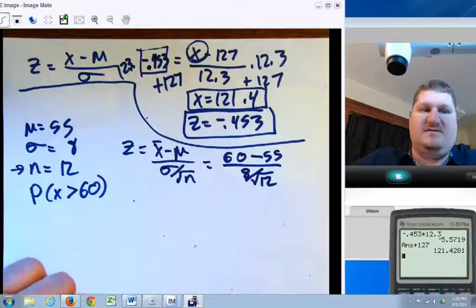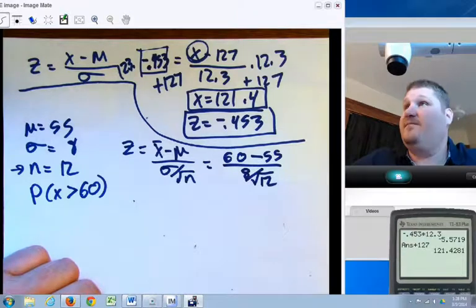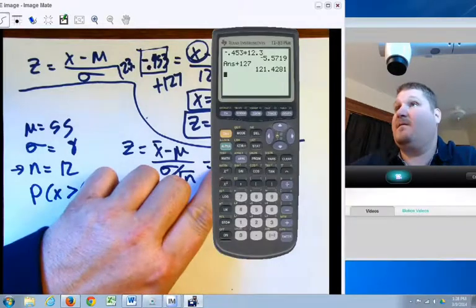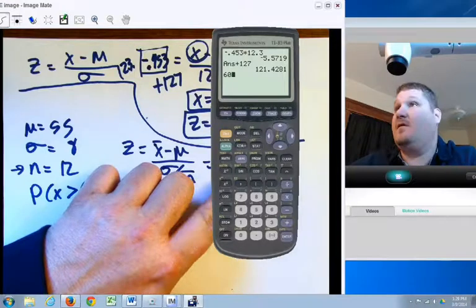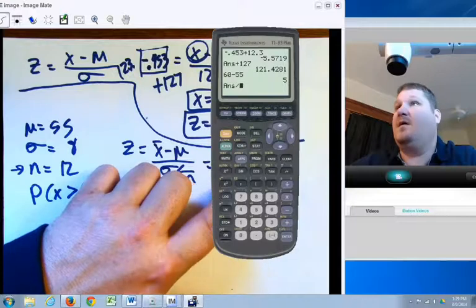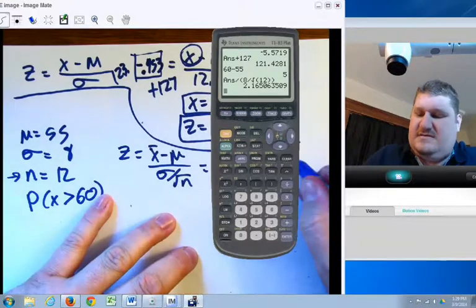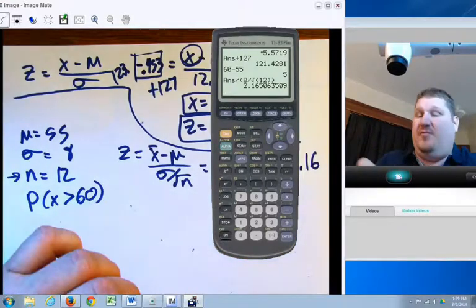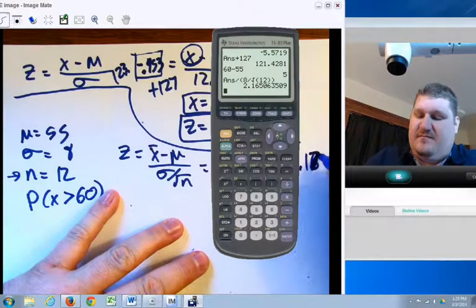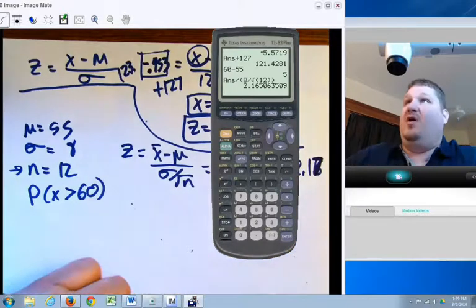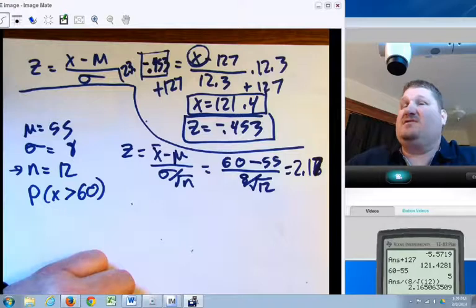That would give us a calculation of 2.16, almost 2.17.